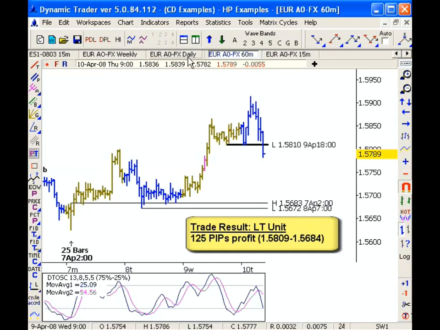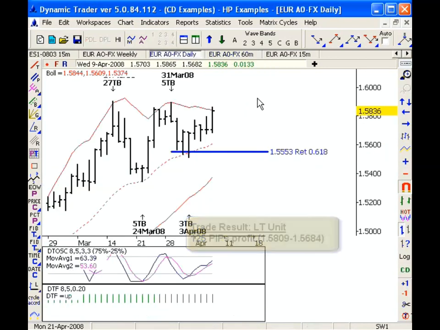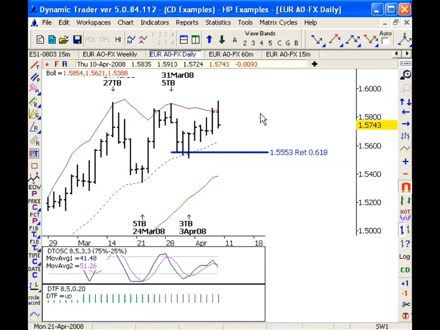Let's see what happens on the daily. Did this market continue higher? We'll add some bars on the daily. Actually, that next day, the daily made a momentum bearish reversal, without the momentum having reached the overbought zone.